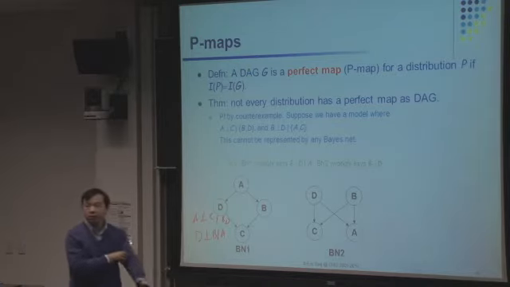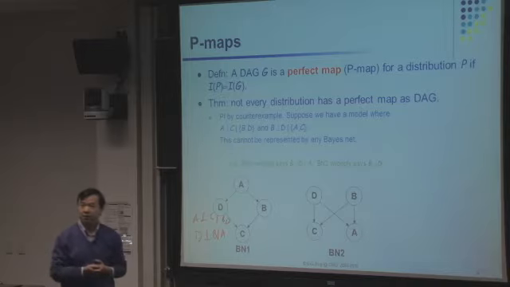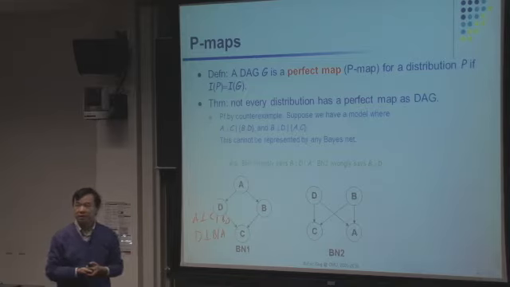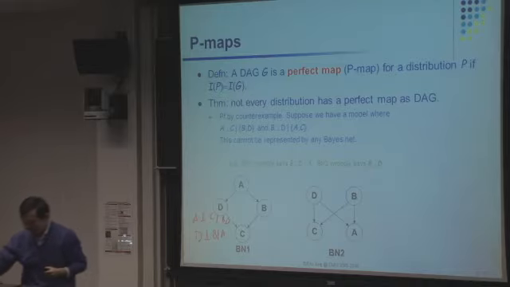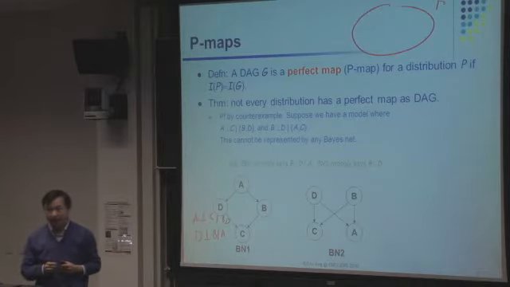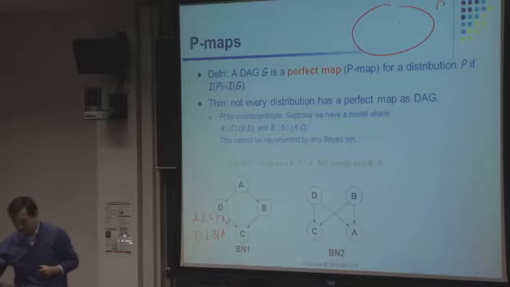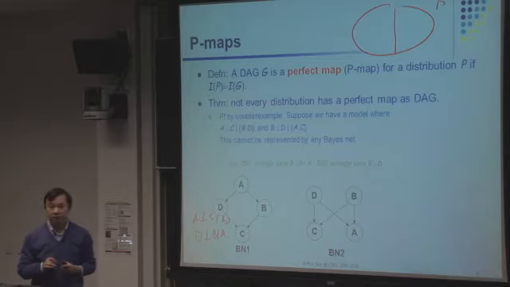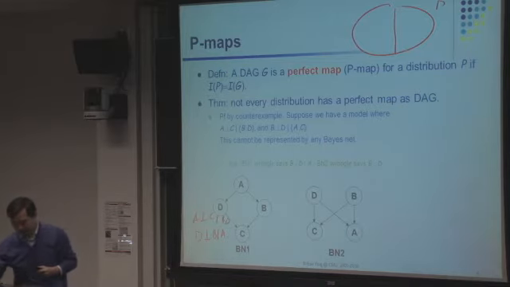So what's the catch here? Well, no directed graphical model can capture this particular set of conditional independencies. And then we have two attitudes. Suppose that we have this big family of distributions, and we can say that there are maybe some distributions which can be captured by a graph, and some cannot.